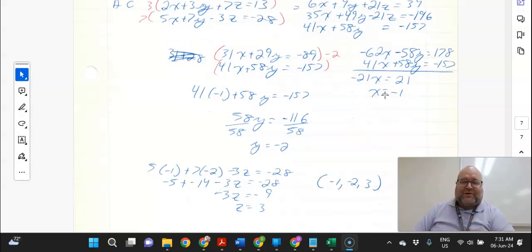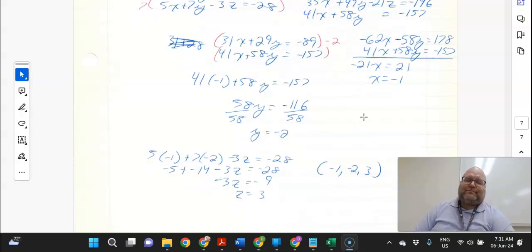We then substitute our negative 1 in for x. 41 times negative 1 plus 58y equals negative 157, or 58y equals negative 116, or y equals negative 2.